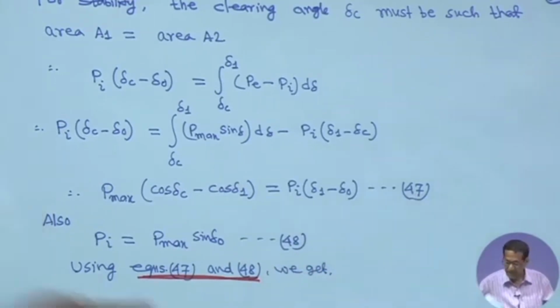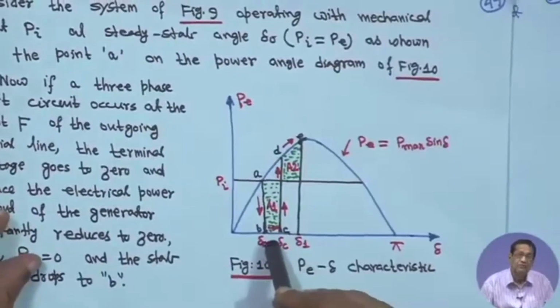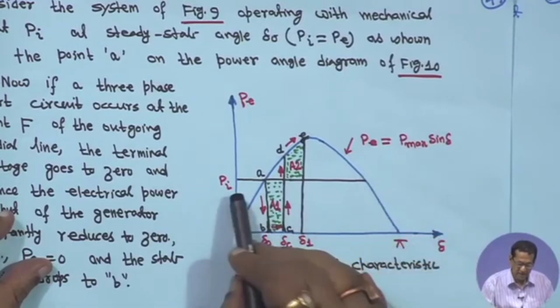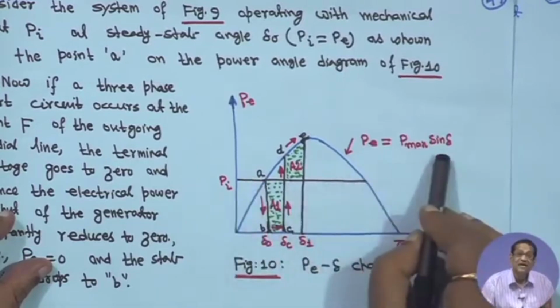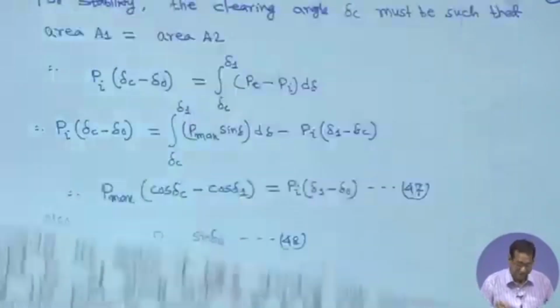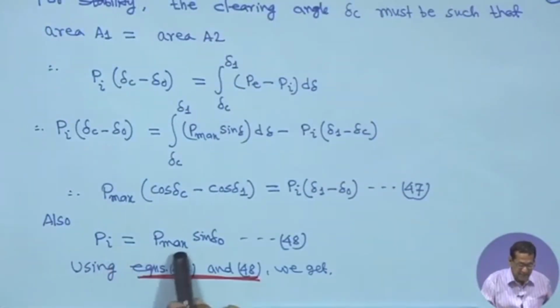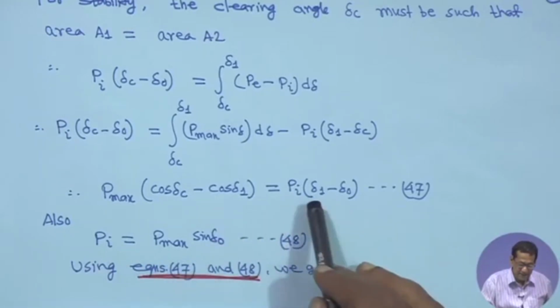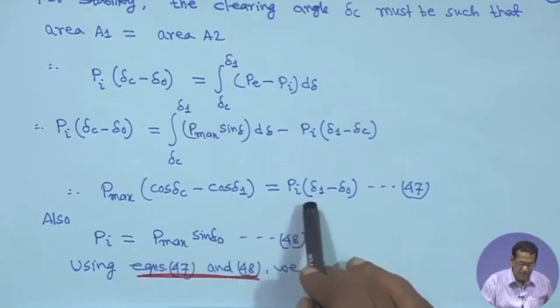Now, at delta equal to delta 0, Pi will be equal to P max sine delta 0. That means Pi is equal to P max sine delta 0. We can write, therefore, in this equation you put Pi equal to P max sine delta 0.